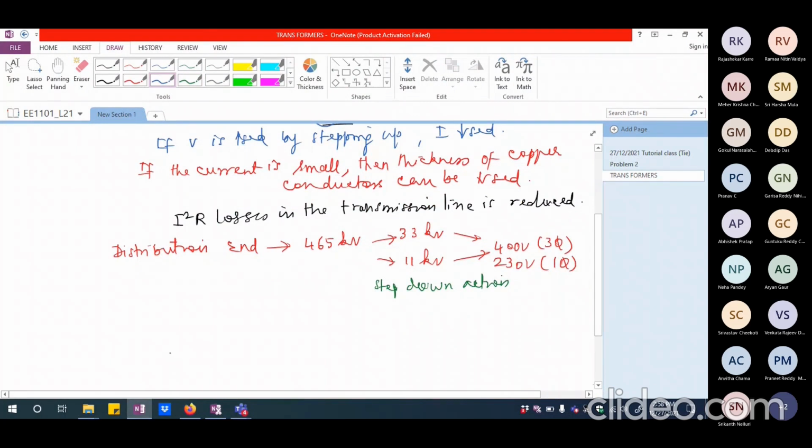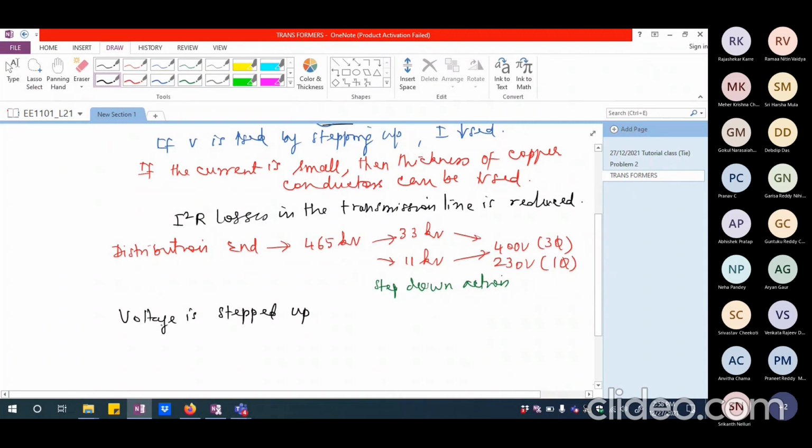Okay. So if we normally look at the transformer, we can say voltage, let us say, is stepped up, but the power cannot be amplified unless you have something like an amplifier.